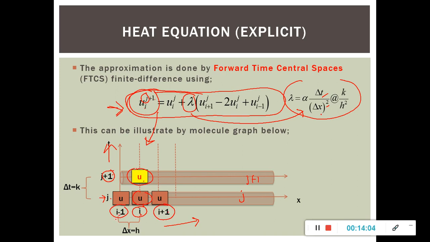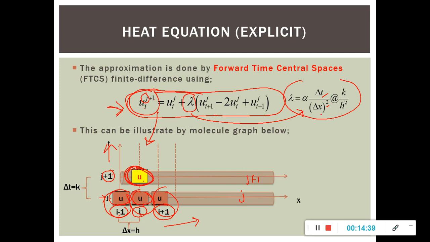This is how we define the coordinate of the point on the rod using the FTCS method. So for you to calculate the value in the yellow box, you need to use the three values over here at the bottom, the initial rod condition, to get the value over here.